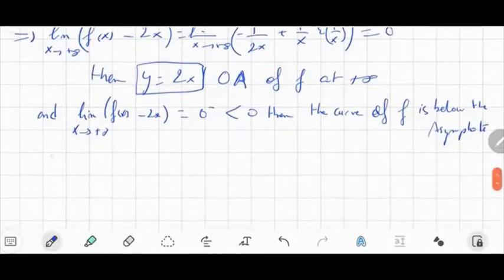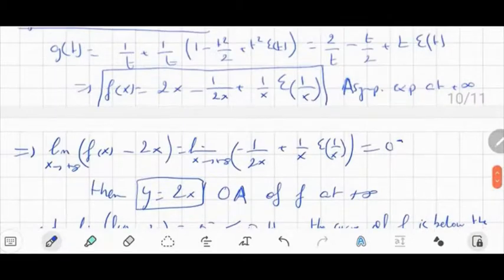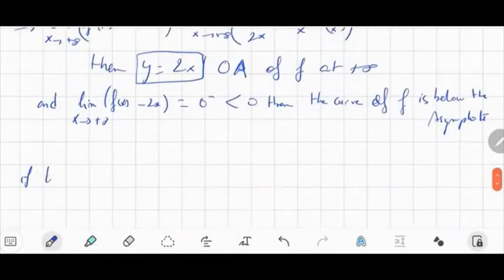Now, case number 2, if t goes to 0 minus, then x will be going to minus infinity.